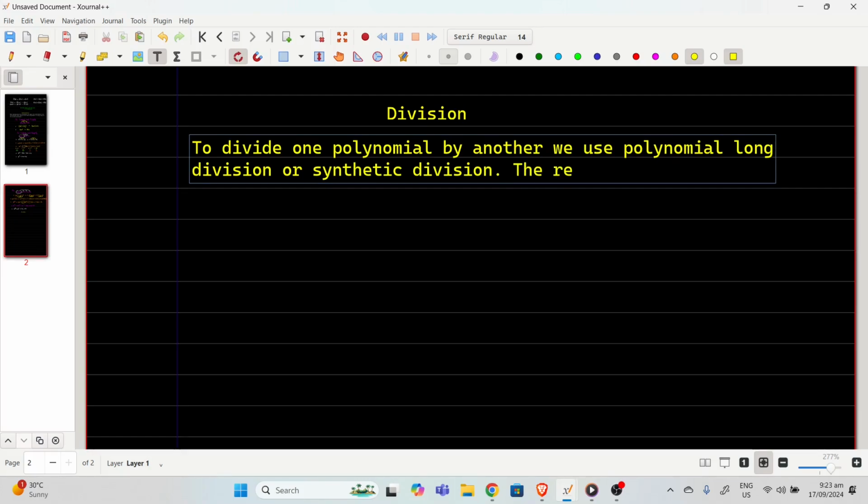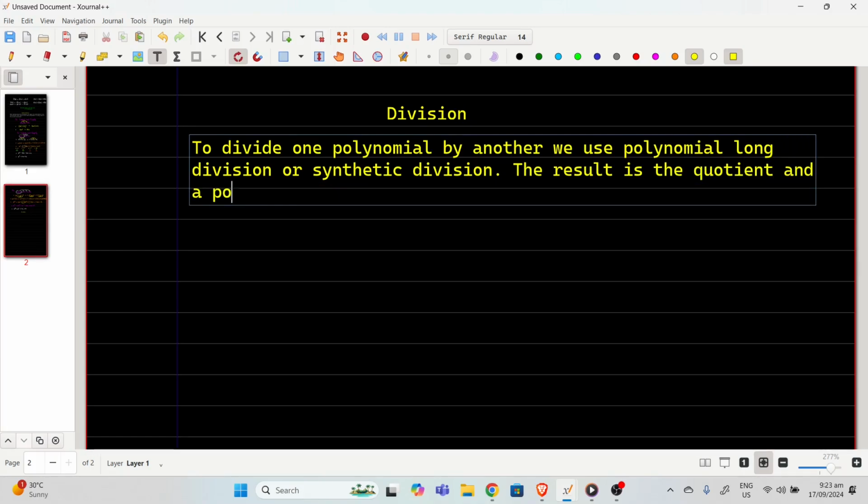And the result is the quotient and a possible remainder. Sometimes you may not get a remainder.